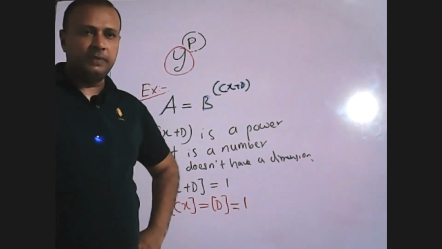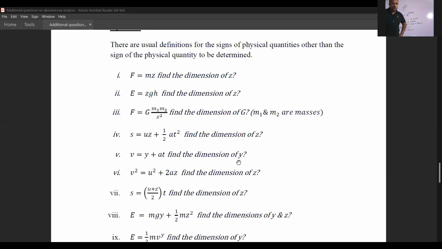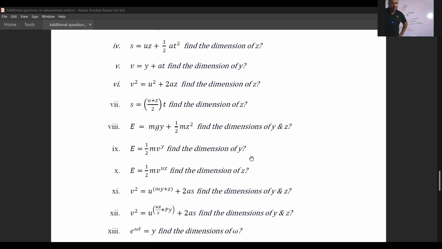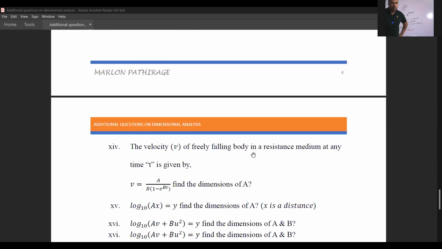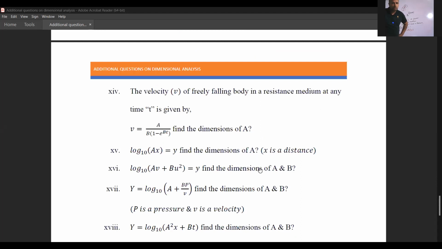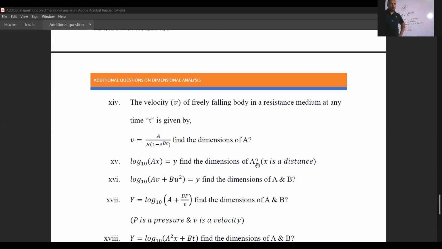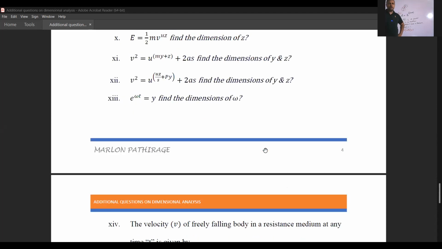You can try up to question number 14 now.